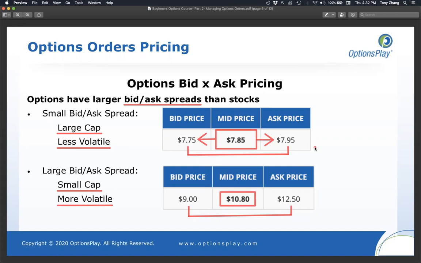And that's the cat and mouse game that we play with market makers, to try to get the best possible execution while they're trying to get the maximum gain out of your order. So it's a bit of a cat and mouse game, and it's really something that takes a little bit of time to explore. The best way to learn is by placing trades for one contract at a time, test out the waters.